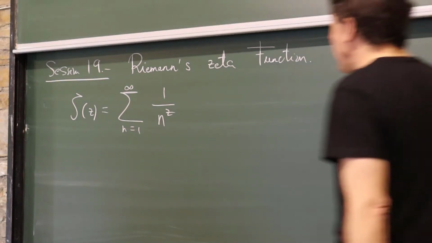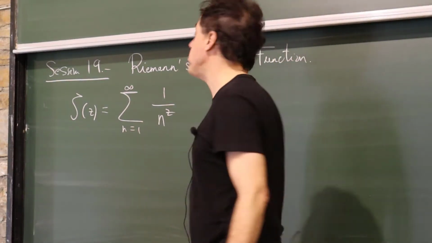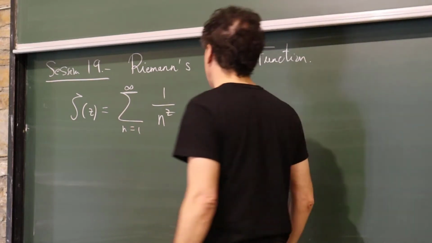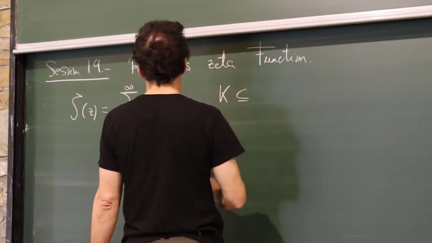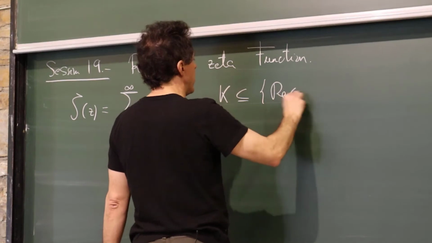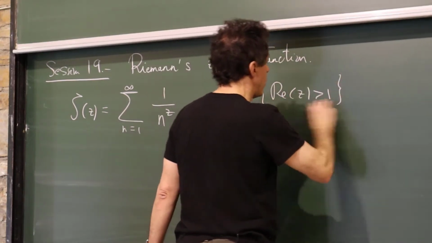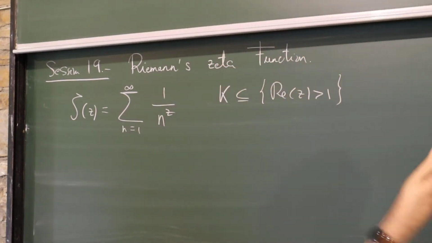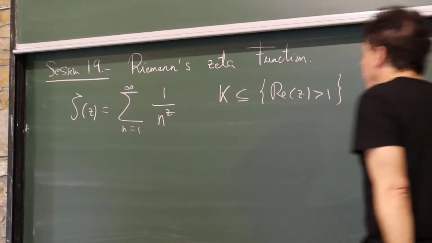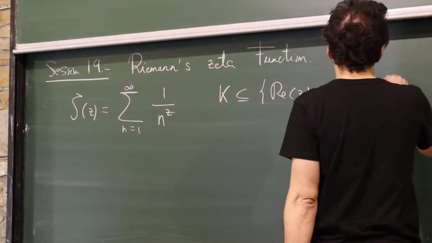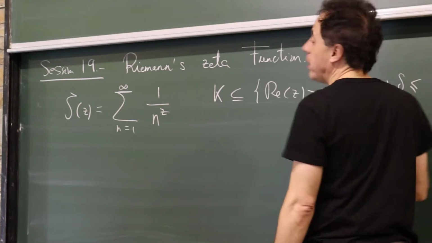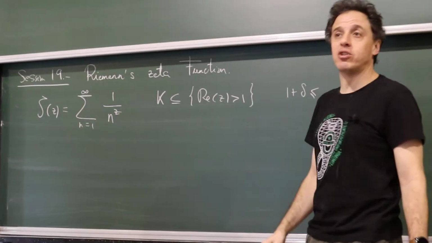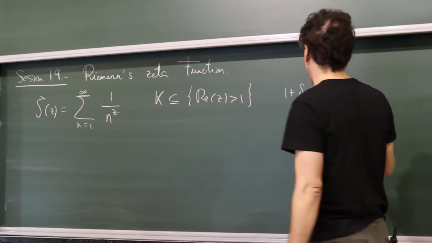If you take any compact set contained in the half plane real part of z greater than 1, in this compact set the real part of z is bounded below by some number strictly greater than 1.